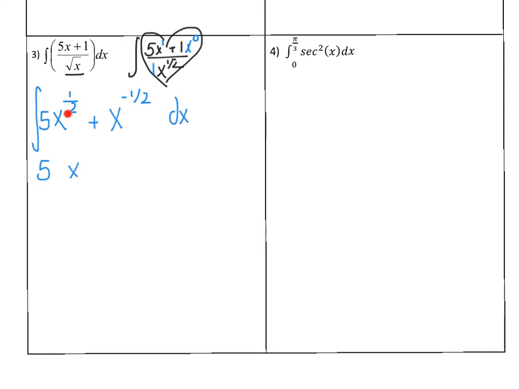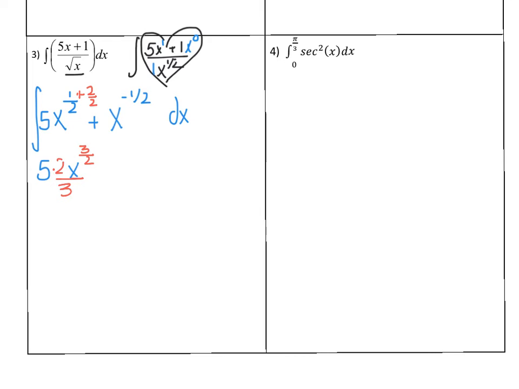So when I take this 1/2 and add 1, it's the same thing as adding 2/2, right? So 2/2 is the same thing as saying 1, so plus 2/2 makes that 3/2. So this exponent is 3/2, and then we're going to divide by 3/2 or multiply by the reciprocal, which is 2/3.